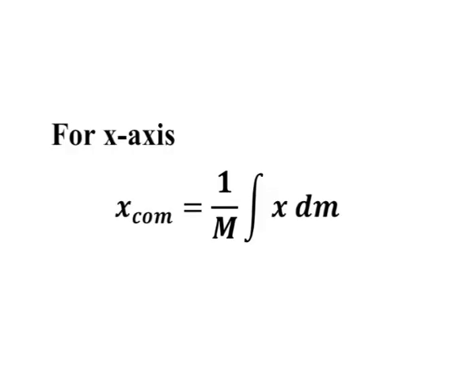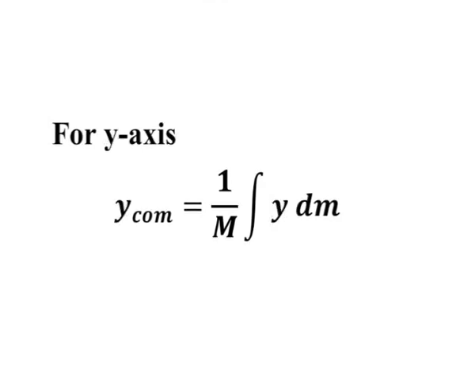Solid bodies. An ordinary object such as a baseball bat contains so many particles that we can best treat it as a continuous distribution of matter. The particles then become differential mass elements, that is dm, and the sums for the center of mass in 3 dimensions become integrals, and the coordinates of the center of mass are defined as, for the x axis, x center of mass is equal to 1 upon M into integral x dm.